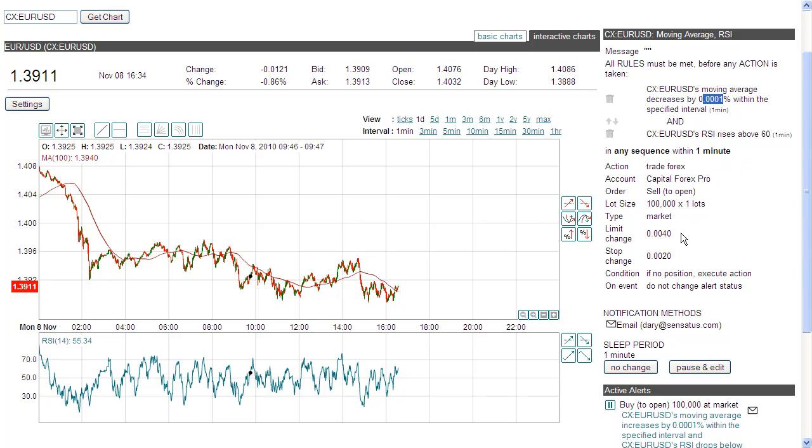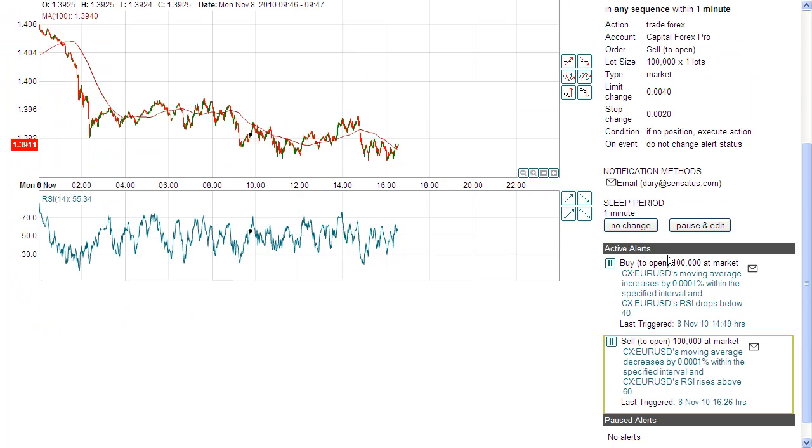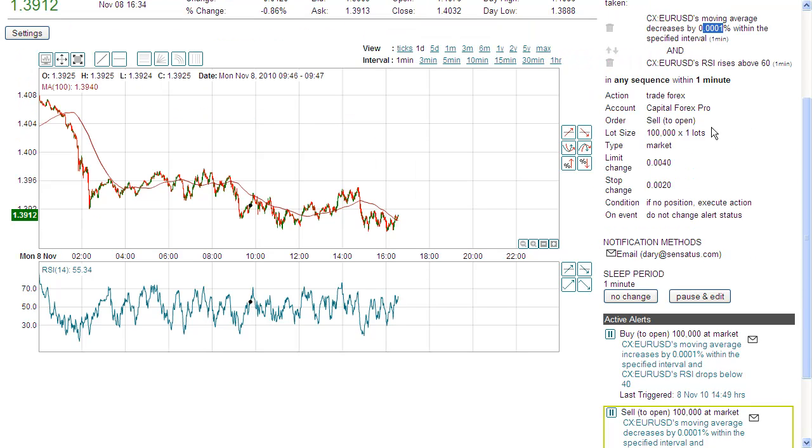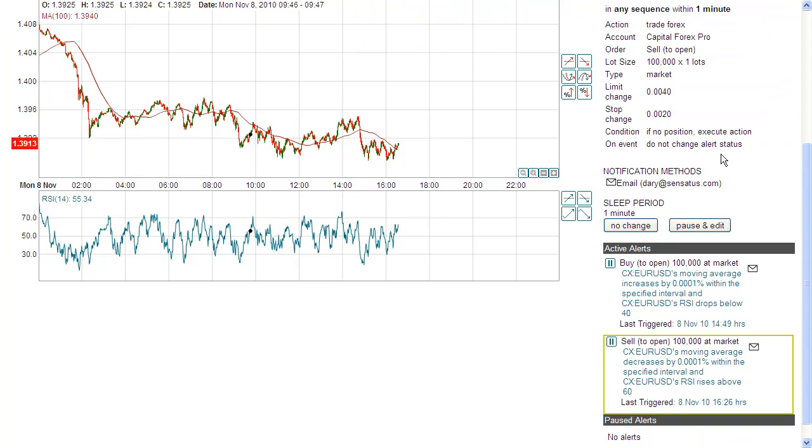Sell to open, take a profit of 40 pips and a stop of 20 pips. So if no position, execute this action, which means if this rule happens repeatedly and the limit or the stop from the first time round have yet to execute, then you will not get an incremental position. Only one open position at a time.